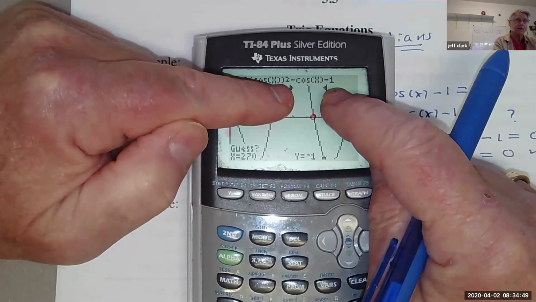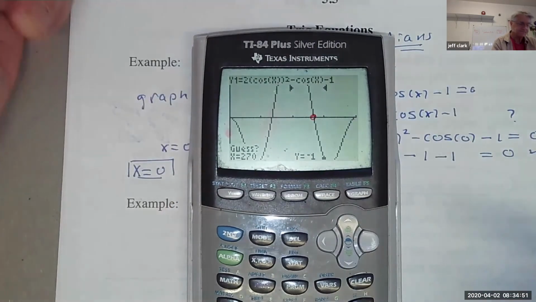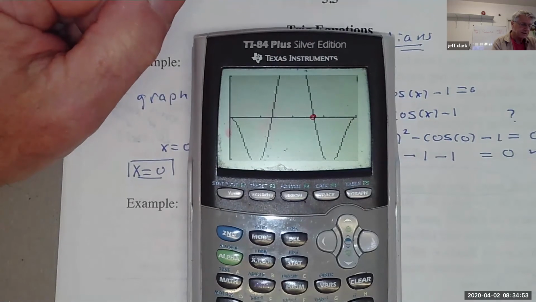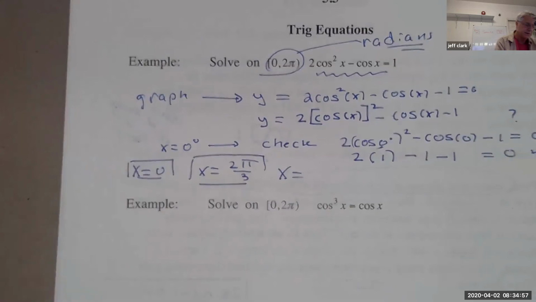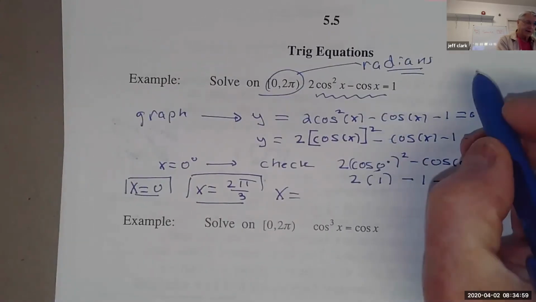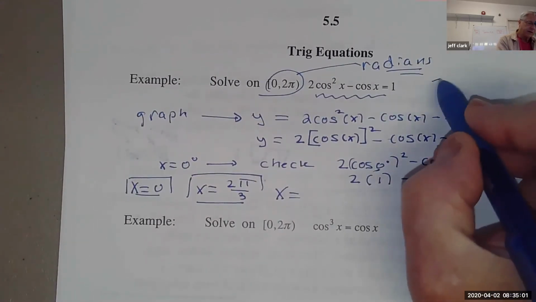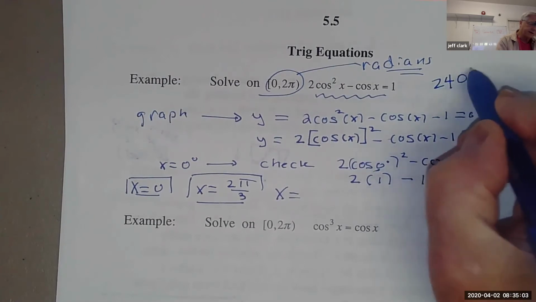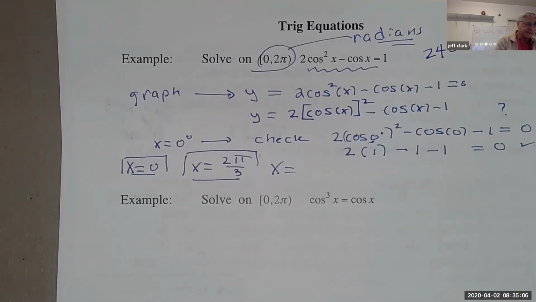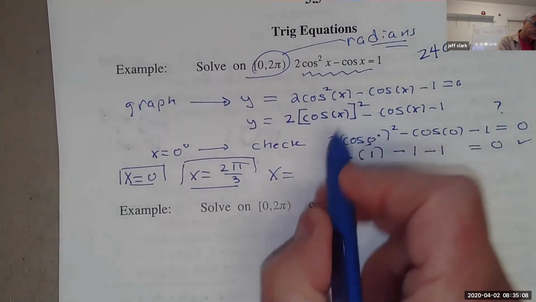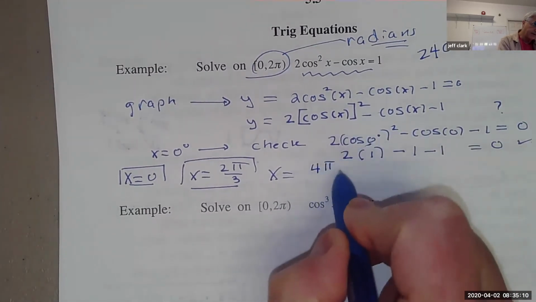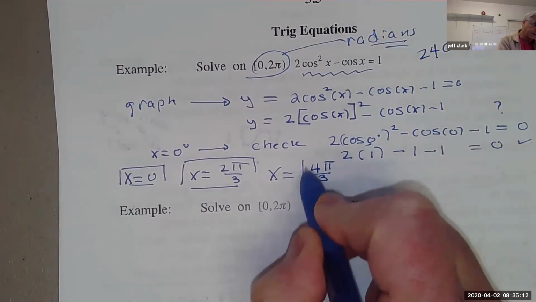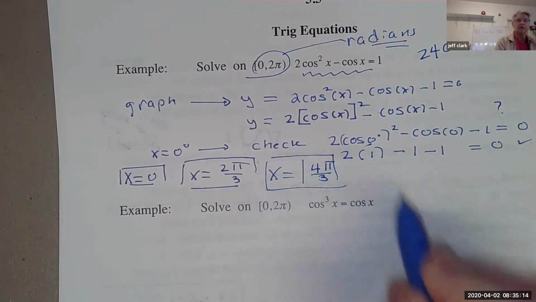And what's in between is that red dot, which is what I want. Hit enter. Okay, 240 degrees. Well, look at 240 degrees on your wheel and tell me what you got. I think it's 4 pi over 3. And there are your answers.